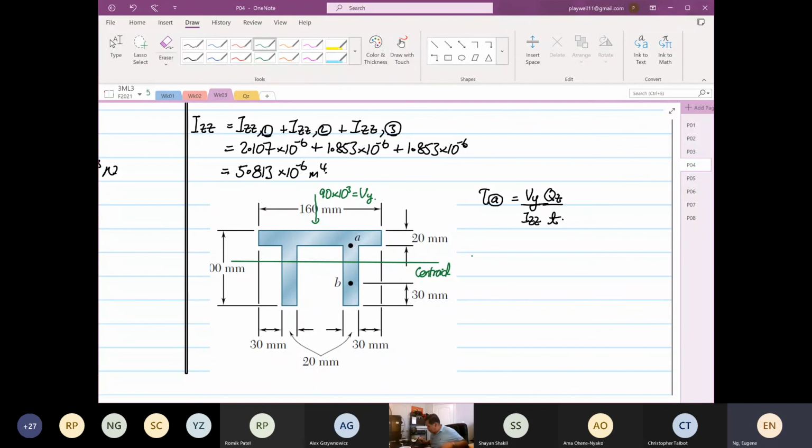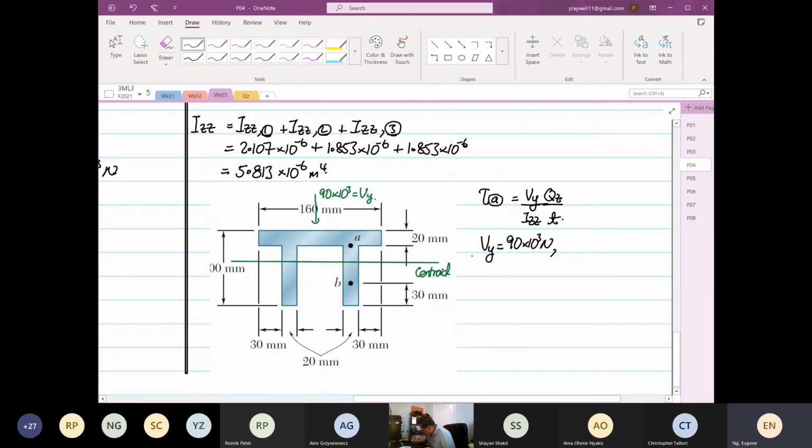Before I go on, we know that Vy is equal to 90 times 10 to the power 3 Newton.